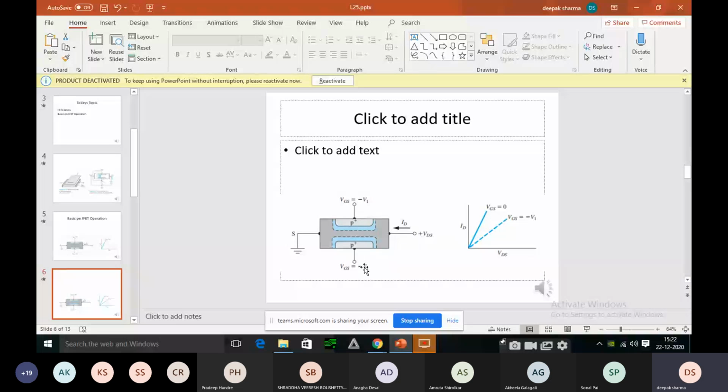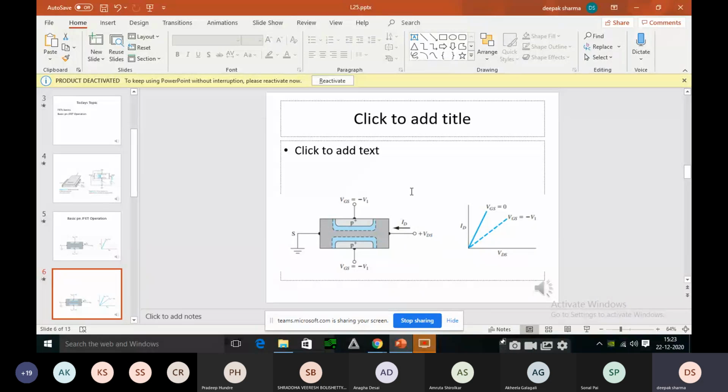So VGS is negative, right? When VGS is negative, how is it achieved? You have to explain that first. How is that negative VGS achieved? By applying negative potential at the gate with respect to the source. Correct. Next, how positive VDS? Again, same thing here. You can say positive potential applied at the drain.